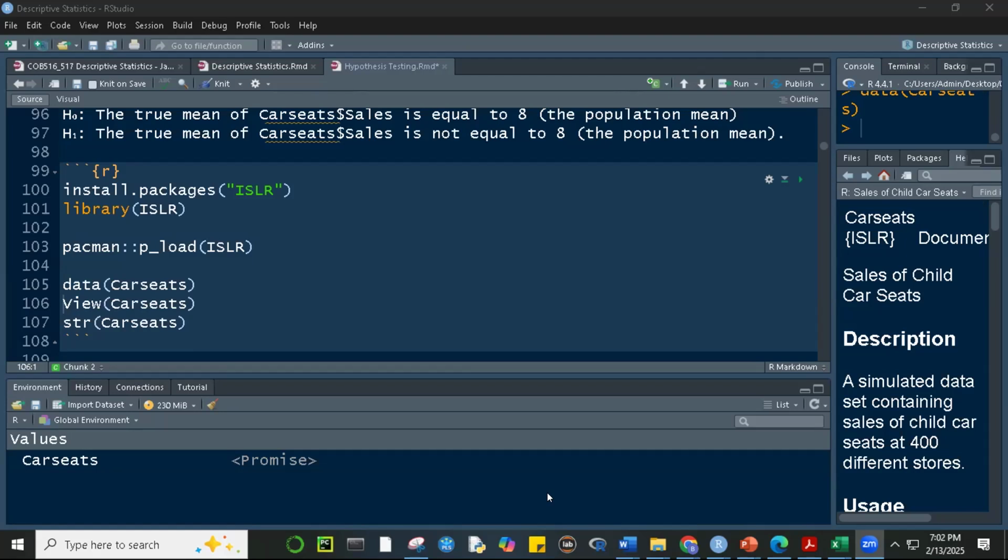Okay. Yes. Thank you, Angel. Yeah. There's that word promise. So car seats appeared. How about the others? Did you get this, class?